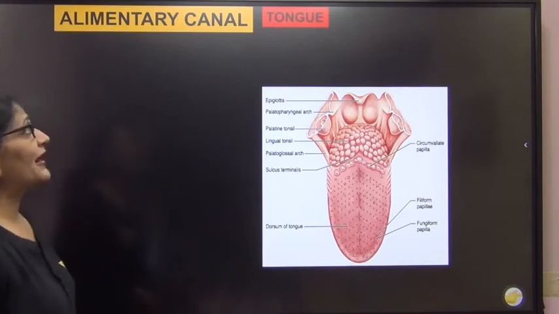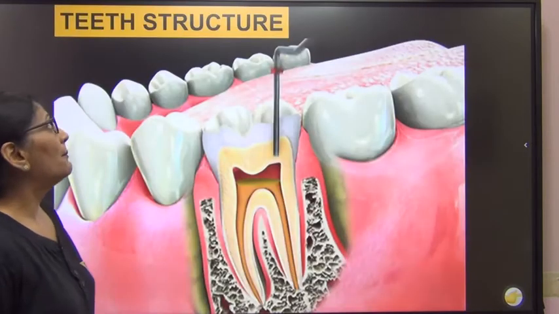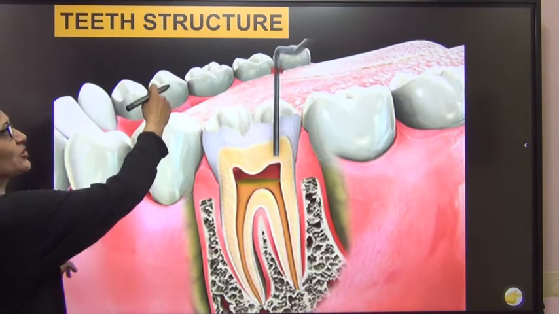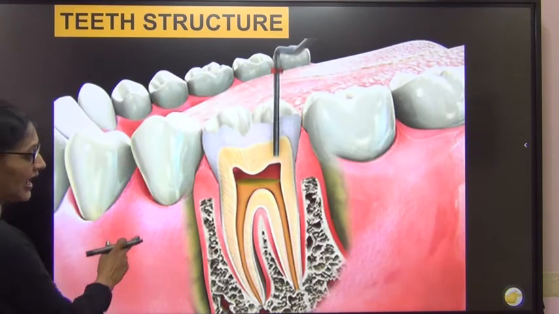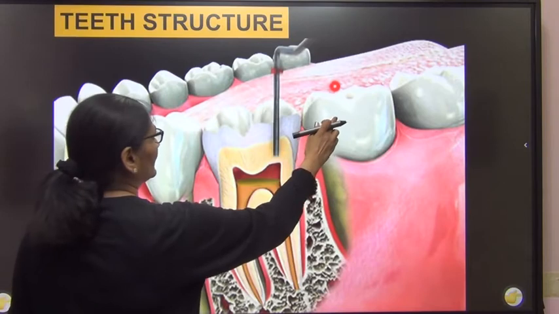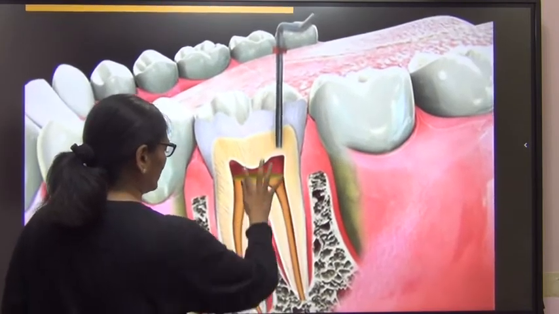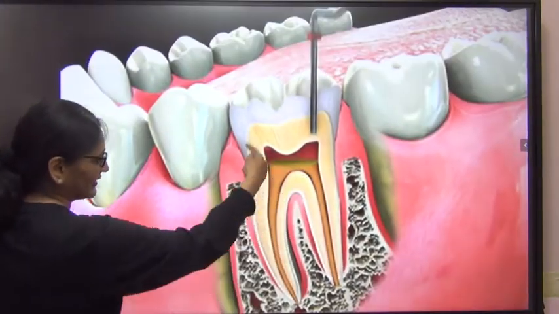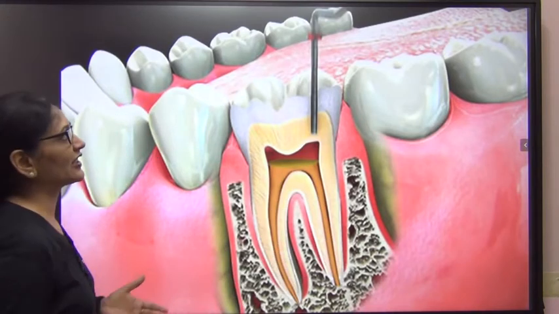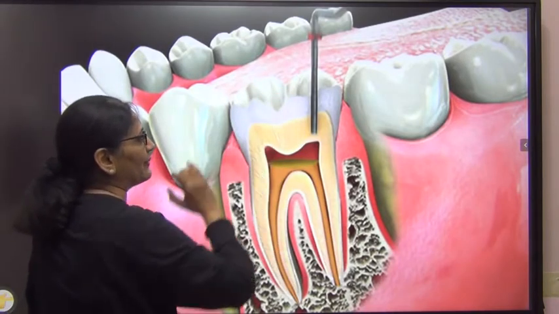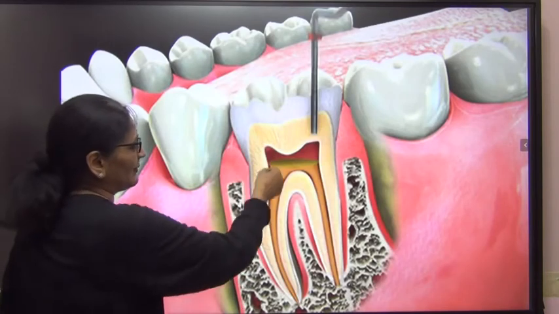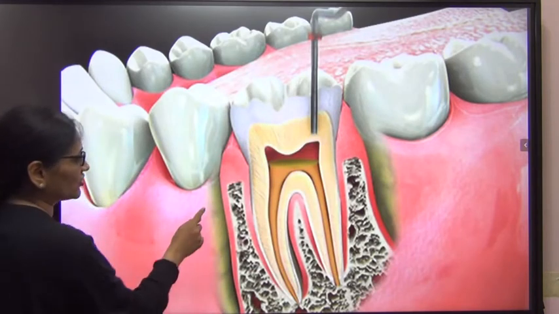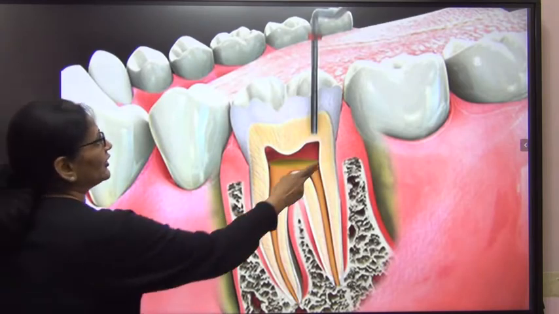ठीक है, so first part is done, that is your mouth. I am just showing you this is the structure of your teeth. Again for your interest, actually the part of the teeth that we see outside is very small. The larger part of this teeth, if you see this like this, is actually below, अंदर में पाया जाता है. देखिए इसके नीचे की तरफ पाया जाता है. ठीक, and ये बहुत सारे जगह में बटा हुआ है. ऊपर वाले को हम लोग कहते हैं enamel, उसके बाद होता है dentine which is the hardest part, then उसके बाद ये pulp cavity होता है, and this is how your tooth looks. Actually the tooth is embedded in structures called jaws. आप jaws देते हैं ना, तो ये jaws में पाए जाते हैं.